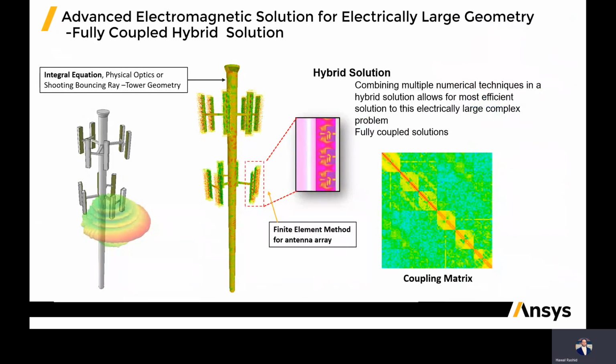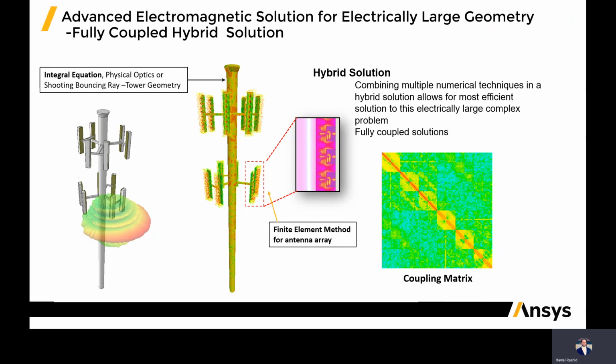So when we go to larger structures, for example, when we're putting our antenna array into the casing, which could be quite large, in this case we could still use full wave, but we could also do quick analysis using hybrid techniques.